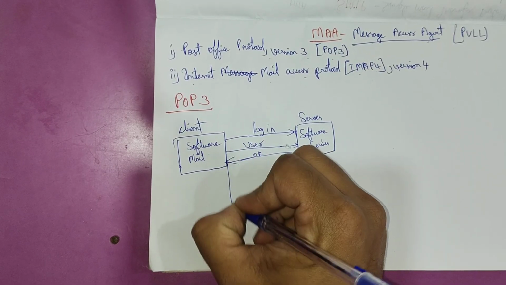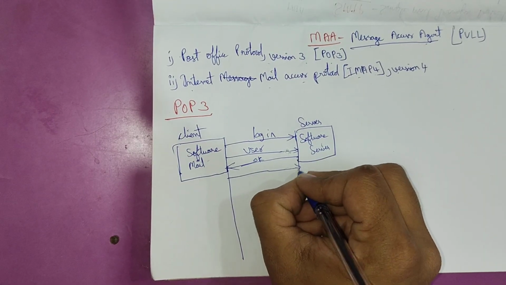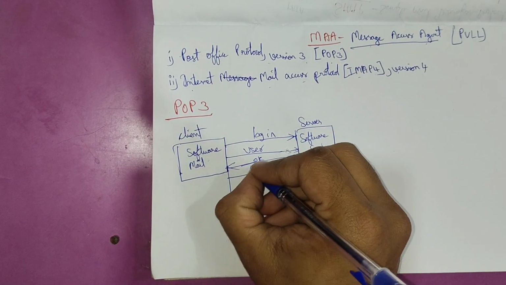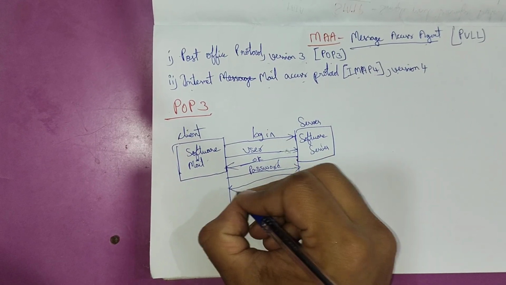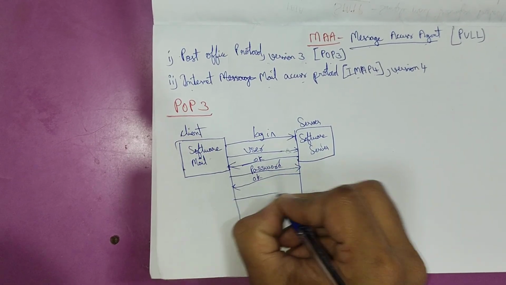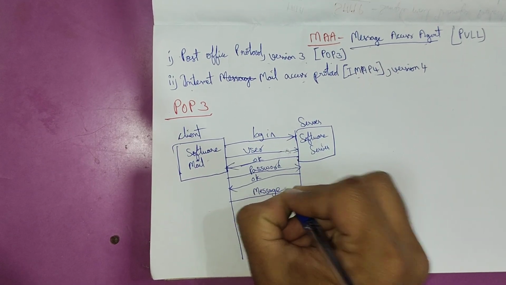After that, the client sends the password. If the password is also correct, he gets OK, and he can view all the messages in a list.